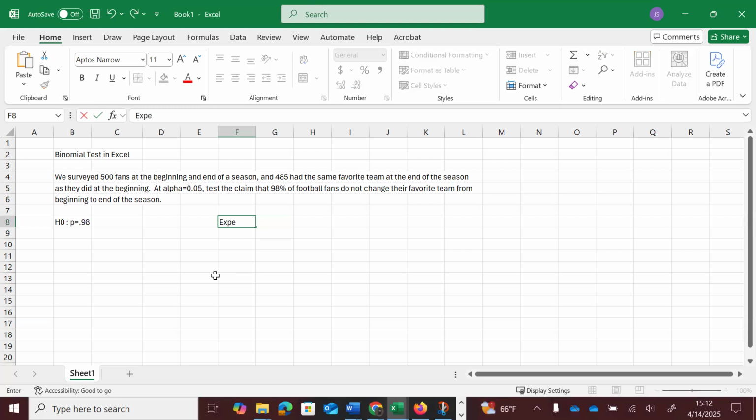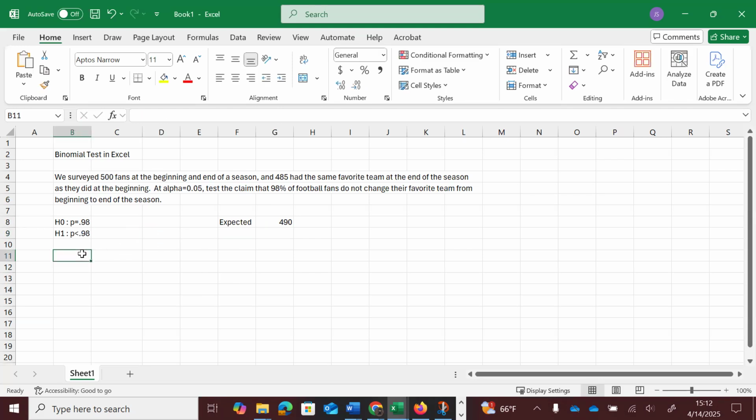The expected number would be 98% of the 500, so we were expecting 490 people to keep their favorite team. We only had 485, so we're a little low. So the alternative hypothesis should be that the probability is less than 98%.